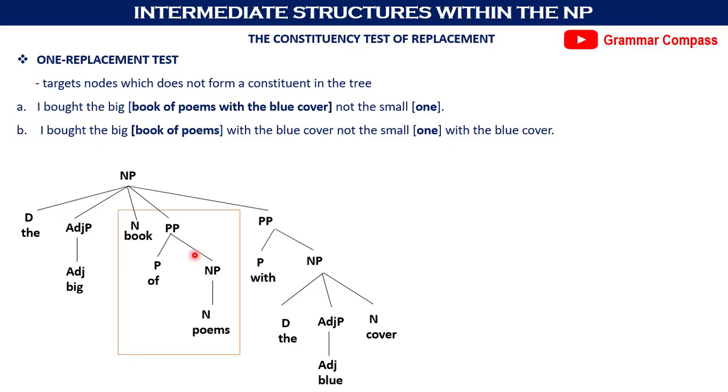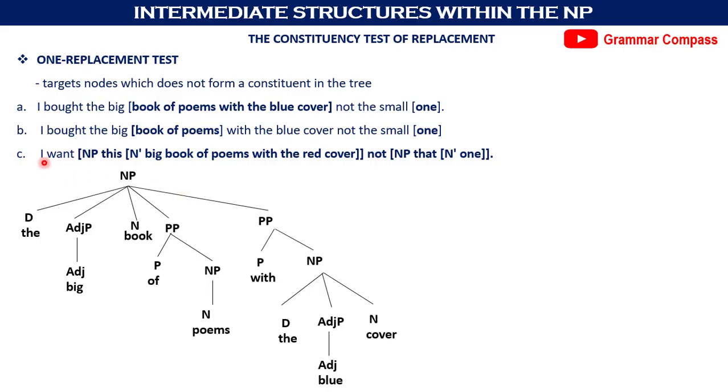Now, there is one more interesting thing, that is, we can even target big book of poems with the blue cover when we replace the determiner over here with the demonstrative this. So we can say I bought this one. So the one will replace big book of poems with the blue cover.